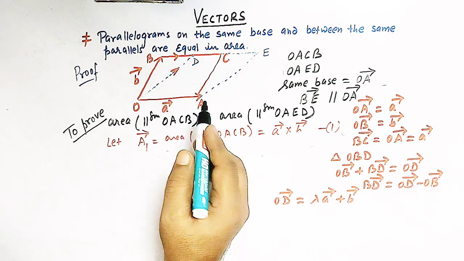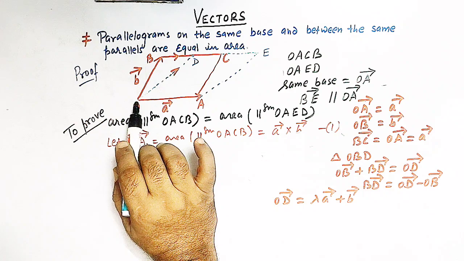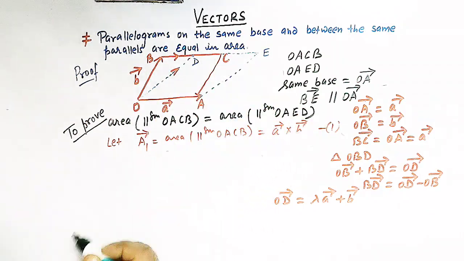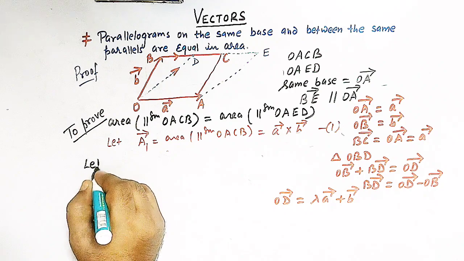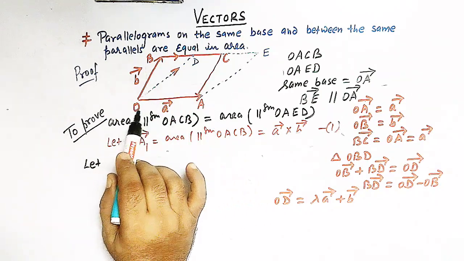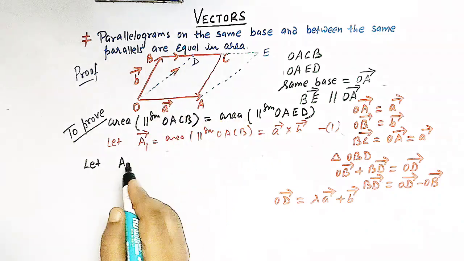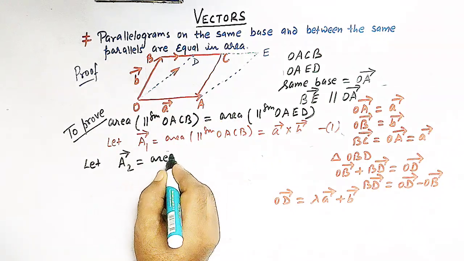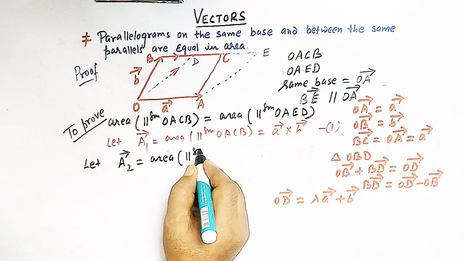So now consider the vector area of this parallelogram, that is OAED, right? So let us denote the vector area of parallelogram OAED by vector A2.